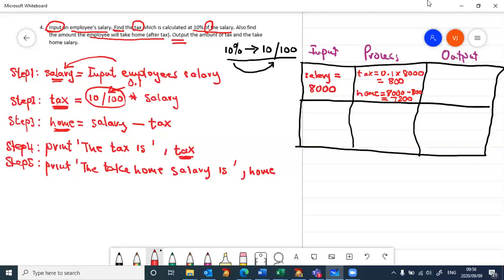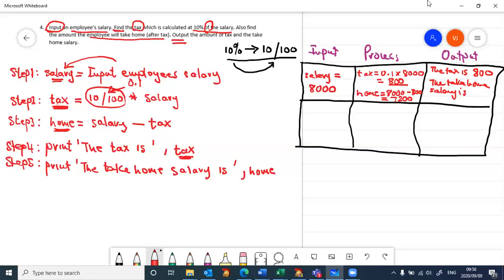Now, if we go to step 4 is the output. So we're going to say print the tax is, so that's our message. The tax is, and print what is in the placeholder tax. So what do we have in the placeholder tax? We've got 800. And then the take-home salary is, and print what is in the home placeholder.